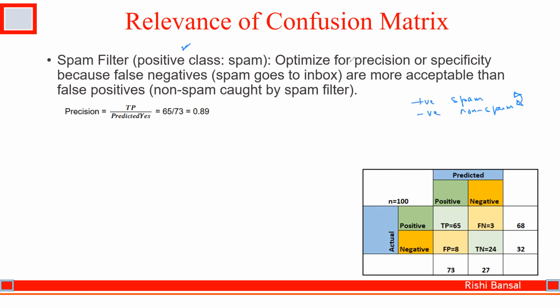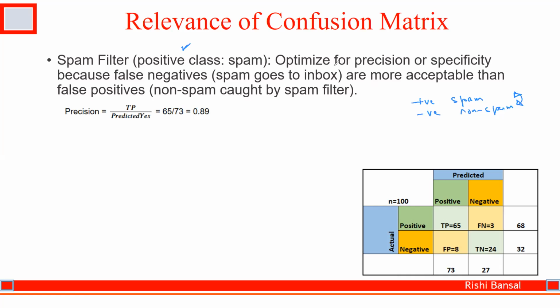Now what happened in case of spam? Some mail came and you categorized that mail as not spam, but it is actual spam. Will you lose anything here? Some mail came that you won some lottery. Instead of going into spam, you got that mail in your inbox. I think that is up to some extent fine, correct?